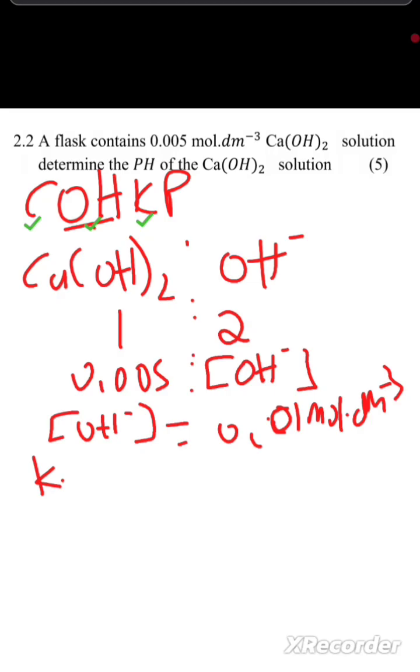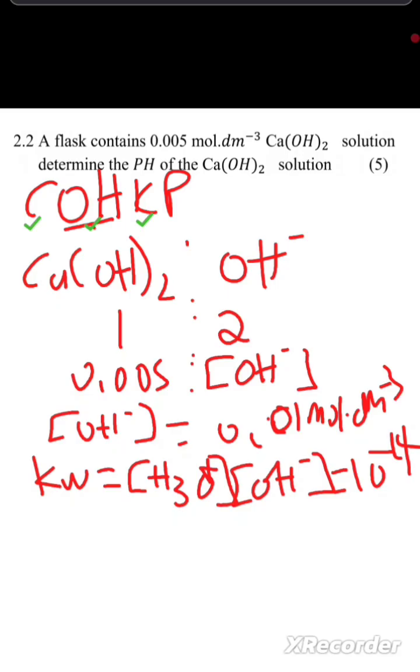Kw is equal to the concentration of hydronium ions multiplied by the concentration of hydroxide ions, equal to 10 to the power negative 14. Now we start substituting.